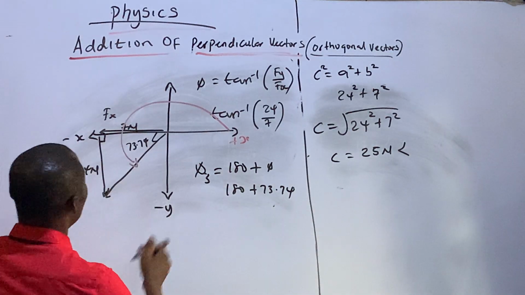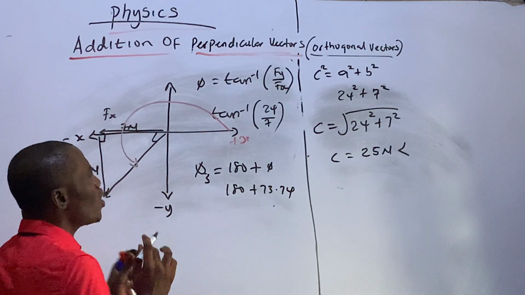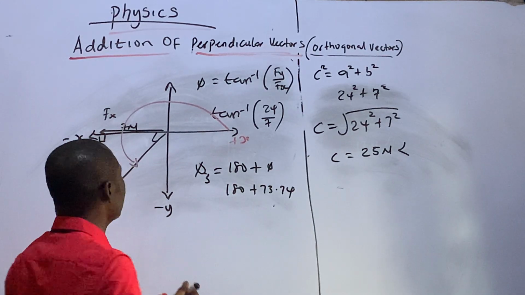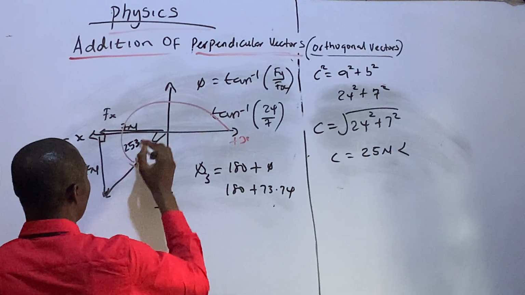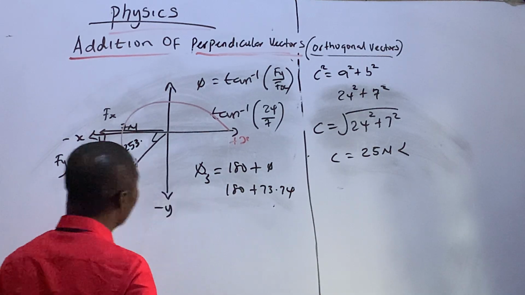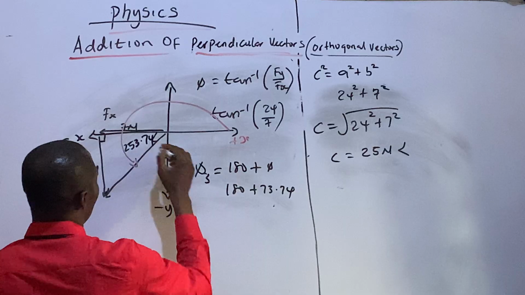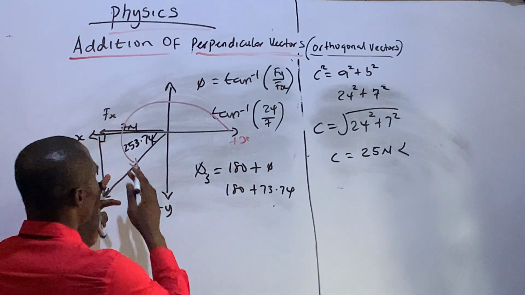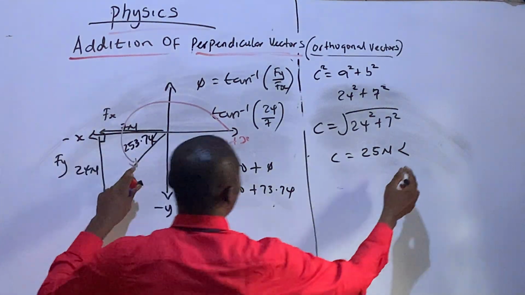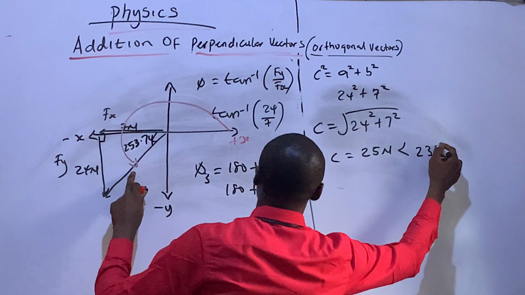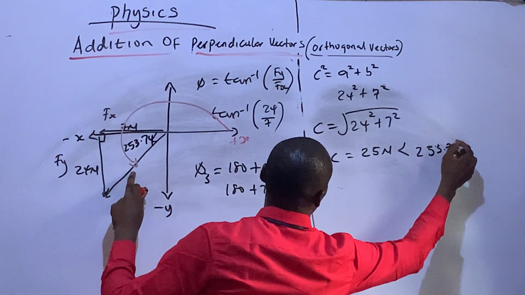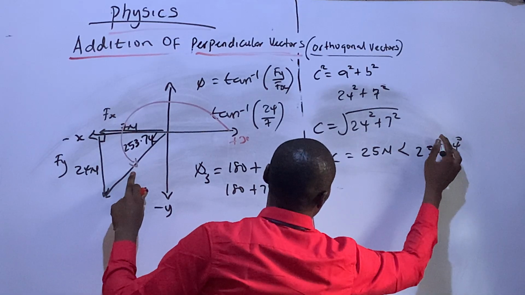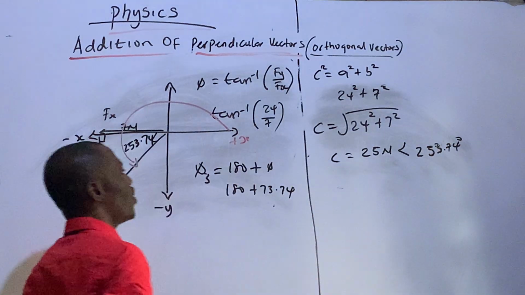So the angle relative to the positive x-axis is 253.74 to 2 decimal places. So this is going to be 25 Newton at an angle of 253.74 degrees.